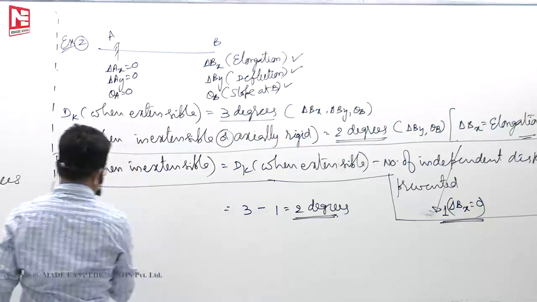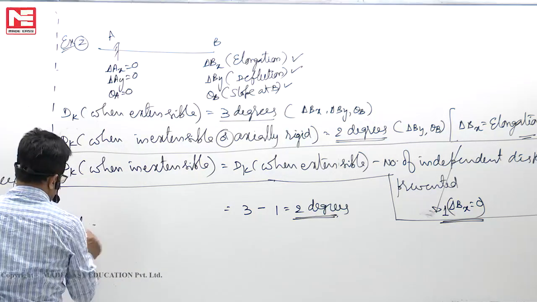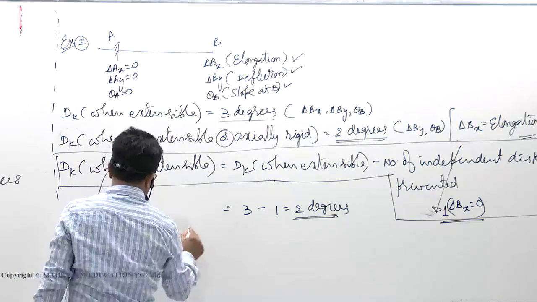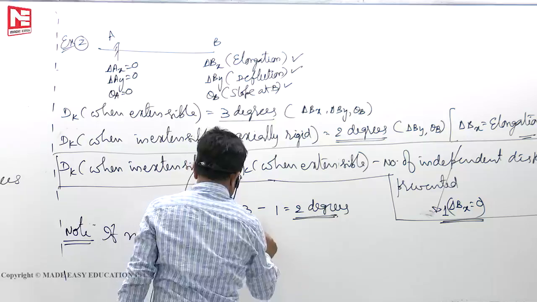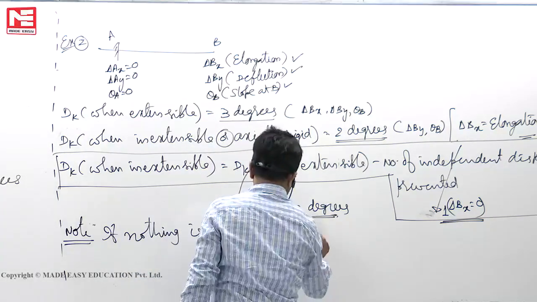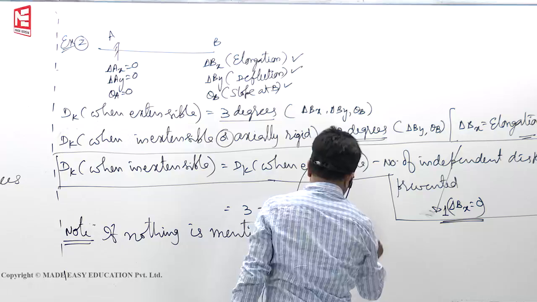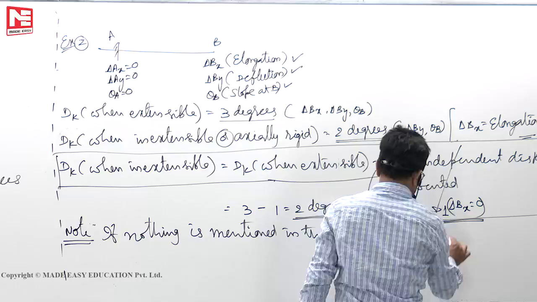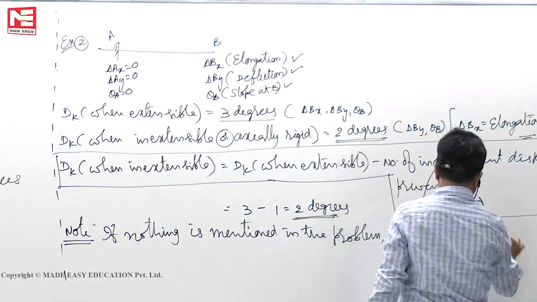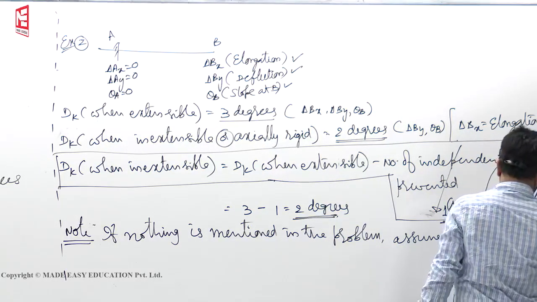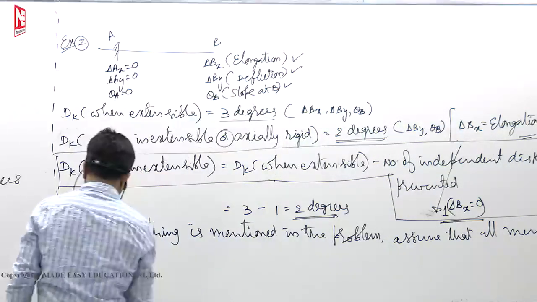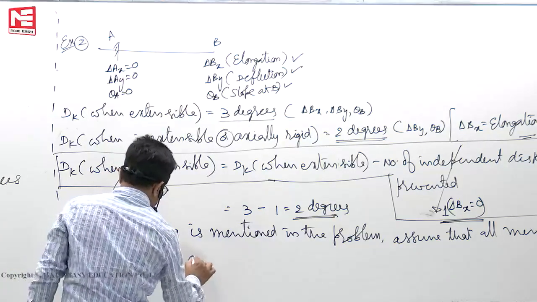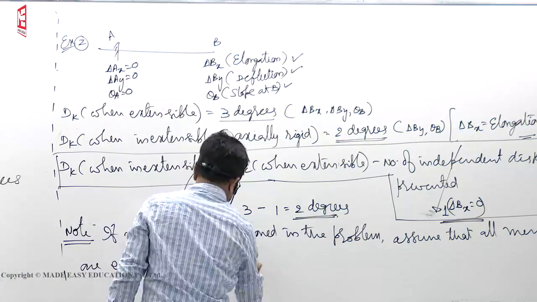Okay, so I give you that note. Always you remember this one. If nothing is mentioned in the problem, assume that all members are extensible and find dk.